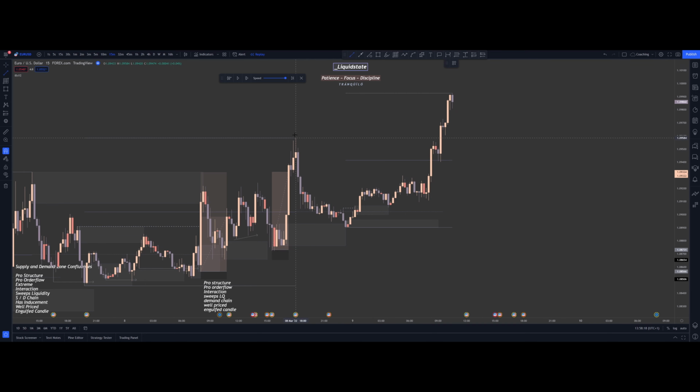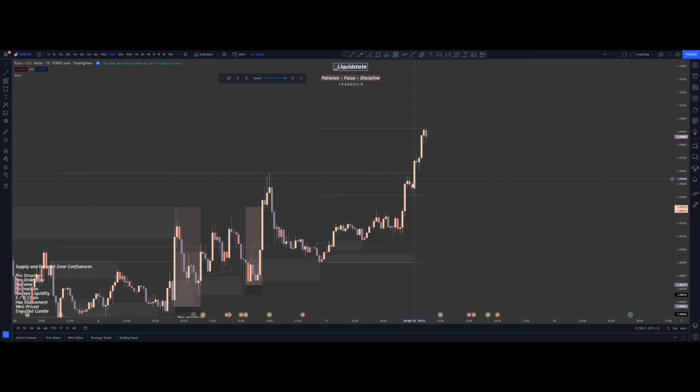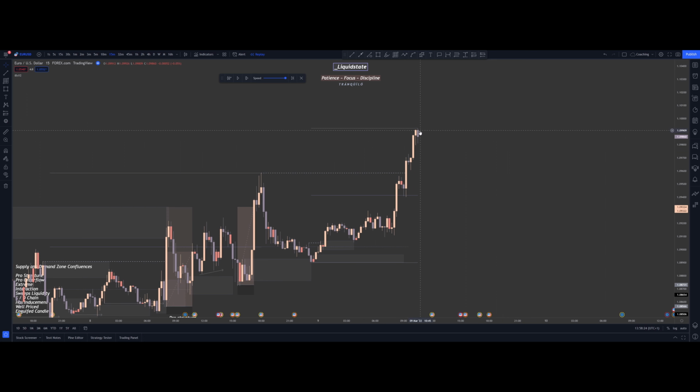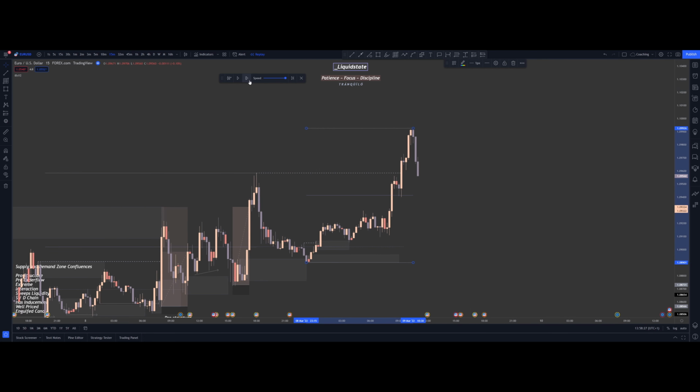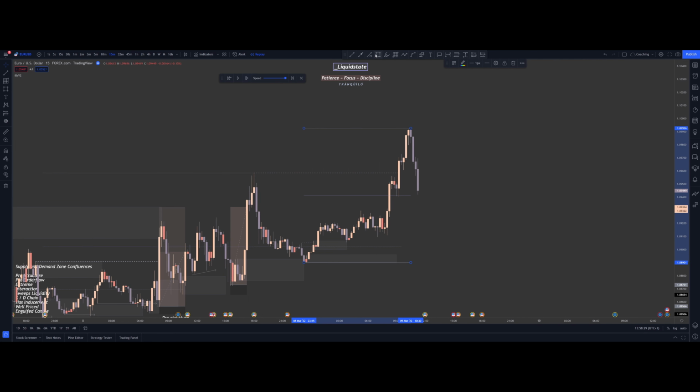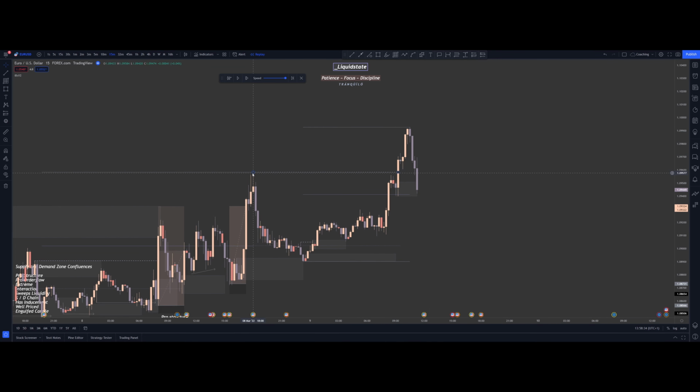Again, here we see a new 15-minute range created. We've got this candle that flips off this high here, uses this as inducement. And if you wanted to, again, I don't enter off the 15-minute, but if you were, that could be your entry.